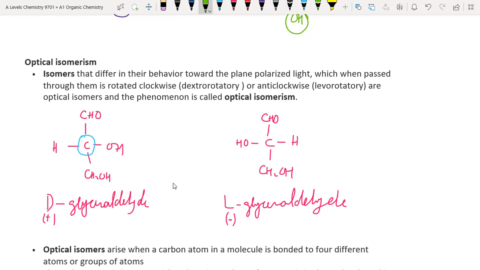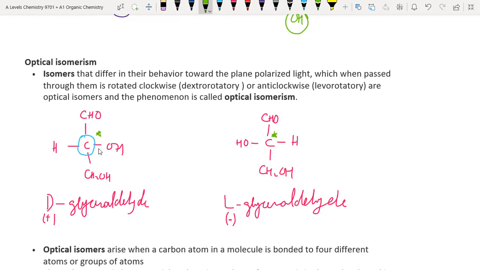Isomers that differ in their behavior toward plane polarized light, which when passed through them is rotated clockwise or anti-clockwise. These are actually those compounds in which at least one carbon is bonded to four different groups or four different atoms.